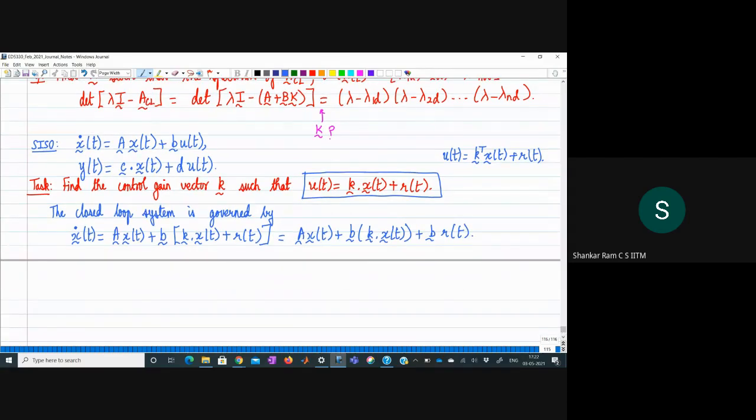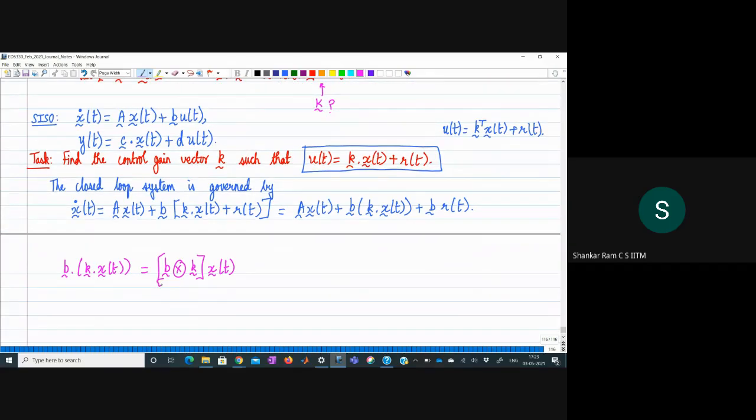This is where some matrix operations become very important. This is an identity from vector algebra. If you have such a scenario, we can rewrite this as B outer product K, which will become a matrix multiplying the vector itself. This B outer product K is not the cross product. It is called the outer product, or the tensor product, or the dyadic product, depending on how we want to call it.